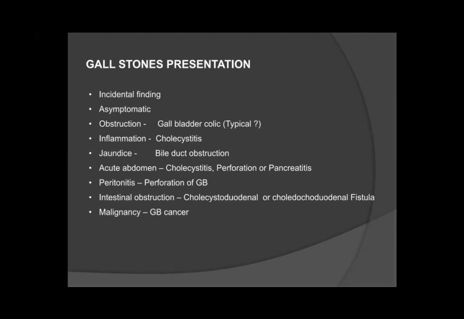The other presentation that could occur is an asymptomatic patient. Again, a patient who just presented to you with some other complaint, and we find out that he's asymptomatic but has gallstones. Obstruction could cause gallbladder colic, which is a typical form of presentation with gallstones, in which the patient is constantly complaining of pain in the right upper quadrant or right hypochondrium.